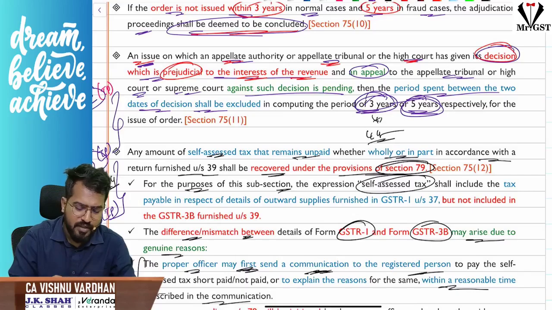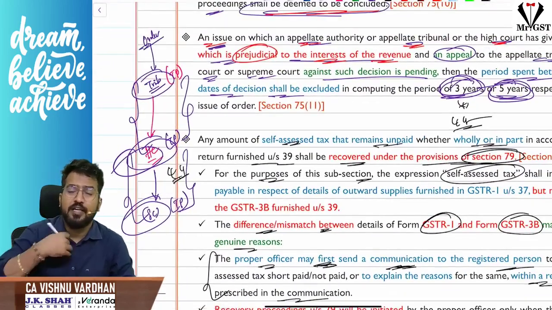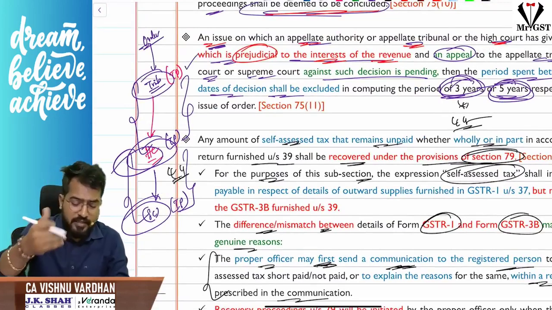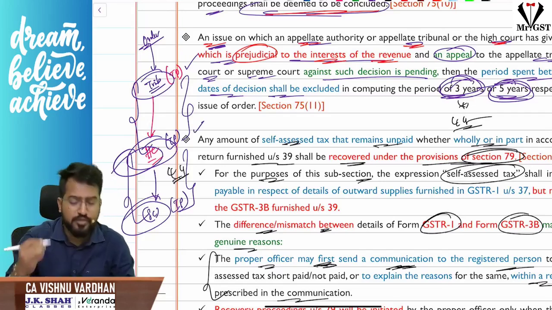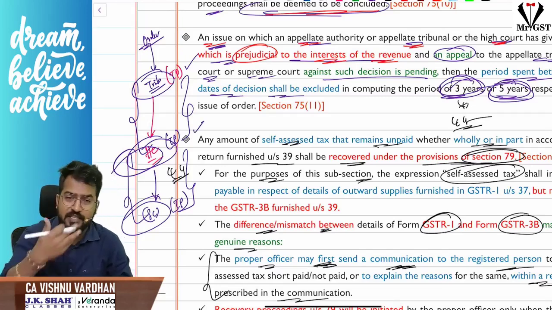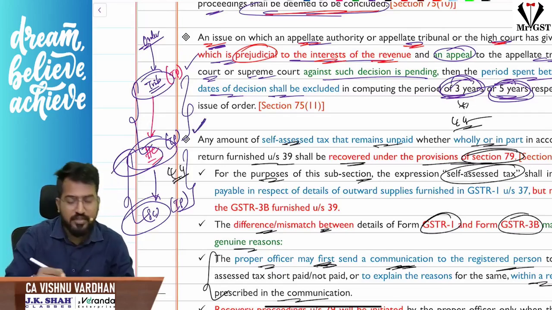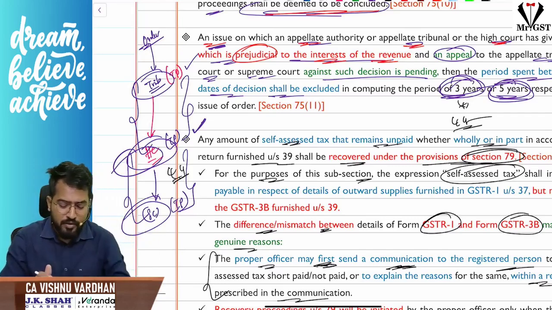For example, an order is passed by the officer and I am the taxpayer. I go to the tribunal, which gives a decision in favor of the taxpayer. Then the department goes to the high court, which also gives a decision in favor of the taxpayer, against the department. Now you should have closed the issue by that time. But no, the department goes to the supreme court.